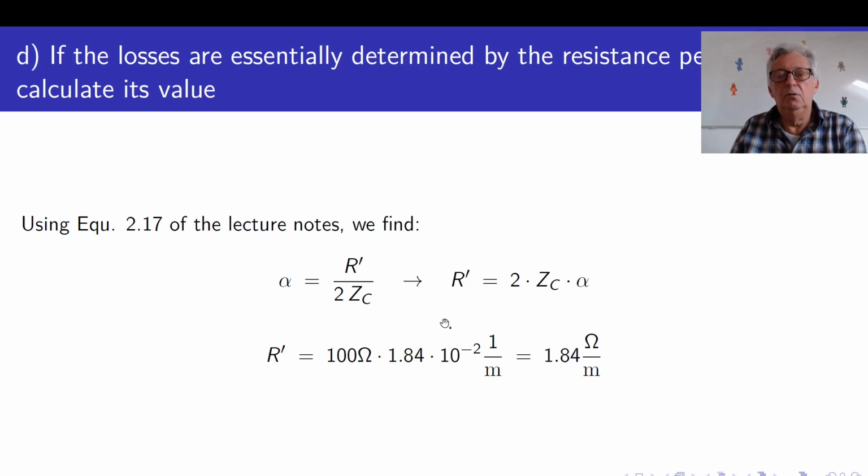If you calculate now R prime, then you will end up in a value of 1.84 ohm per meter. It's very important to see that this is the resistance at 100 megahertz, which results from the skin depth of the material.